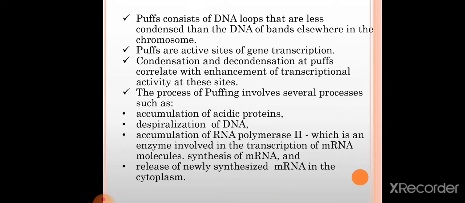The process of puffing involves several processes such as accumulation of acidic proteins, despiralization of DNA, accumulation of RNA polymerase II, an enzyme involved in the transcription of messenger RNA molecules, the synthesis of mRNA, and the release of newly synthesized mRNA into the cytoplasm.